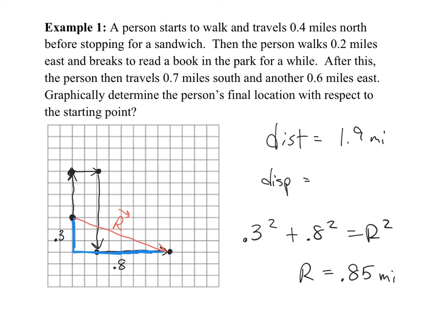When you go north, it's plus displacement, and when you go south, it's minus displacement. So if you add those, that's plus 0.4 on top, and then down 0.7, right? That gives you the 0.3.